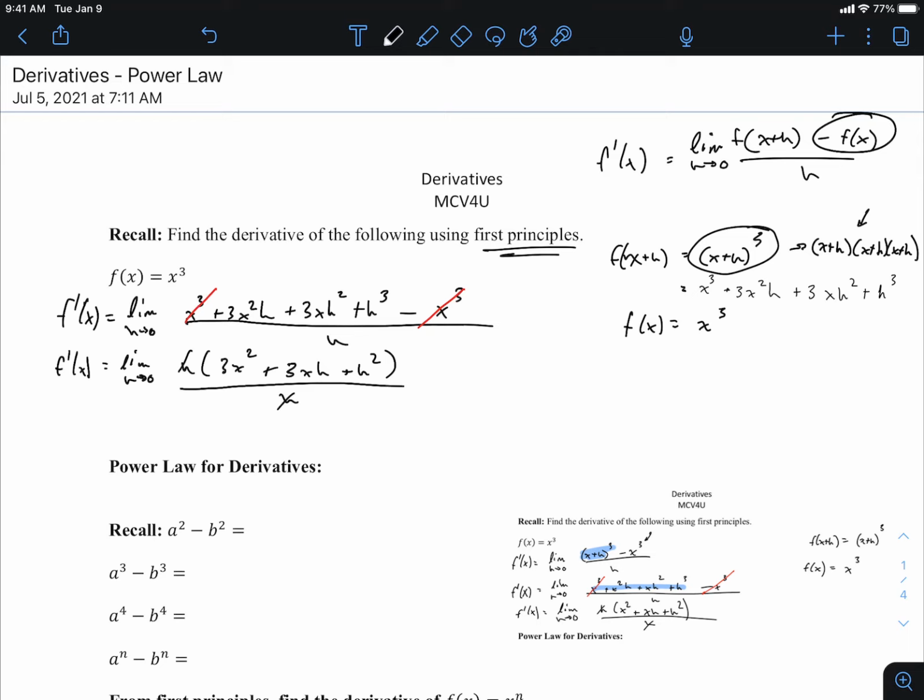At this stage, if I evaluate this limit by plugging in h approaches 0, you'll find that f prime of x is equal to 3x squared.